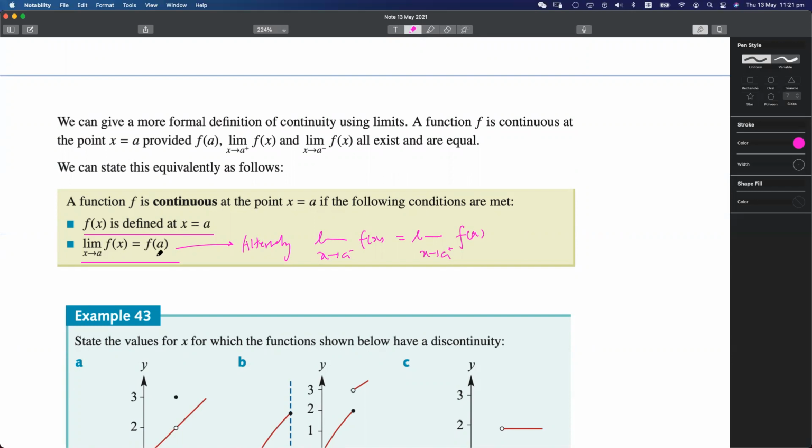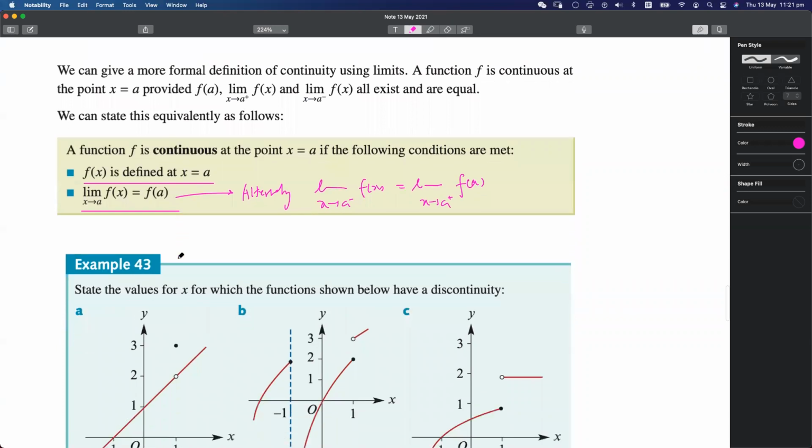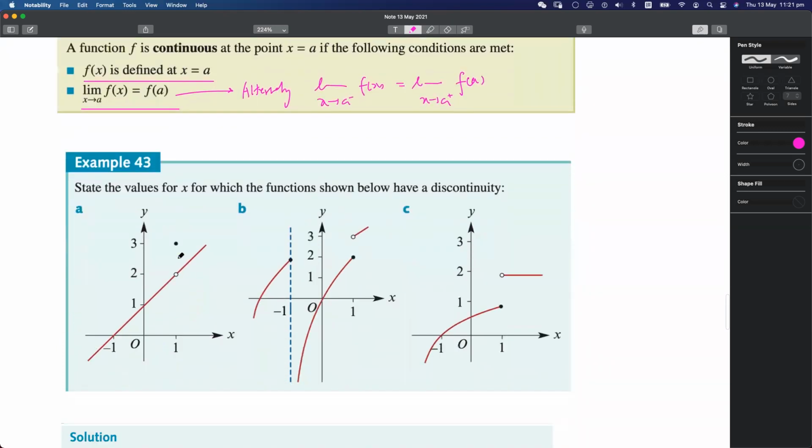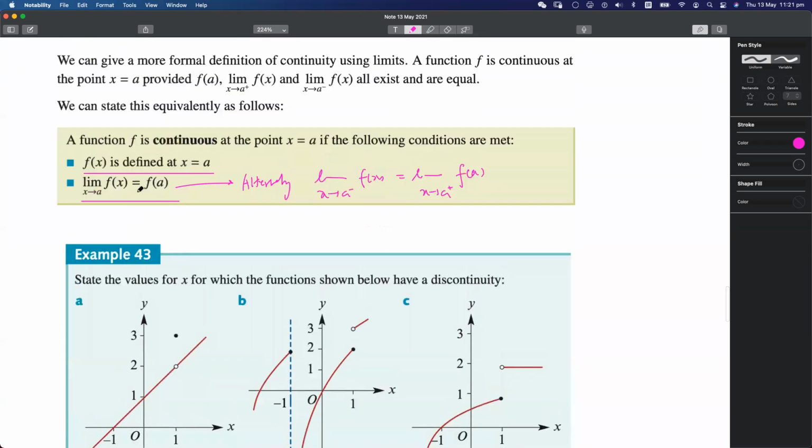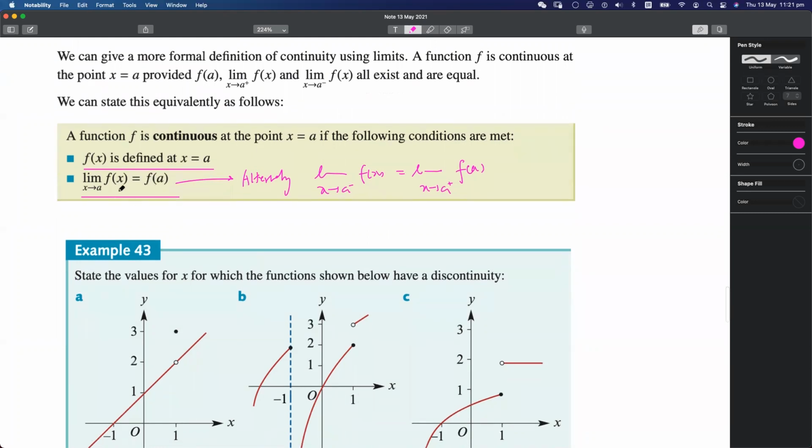The other one is the limit as x goes to a of f of x is equal to f of a. So to satisfy this one, you have to make these two the same, and also you have to put this value back, so replace x with a.